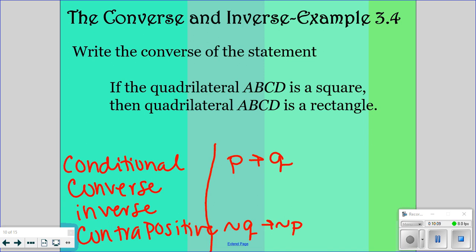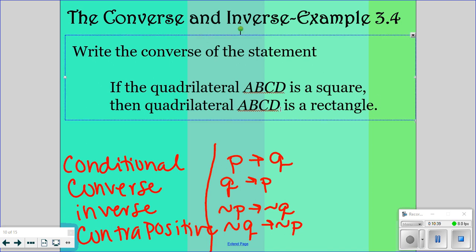So that's the conditional and the contrapositive. For the converse, your converse is just going to be Q implies P. All you do is switch your if and then statement. And then the inverse is going to be not P implies not Q. So that's your little cheat sheet that you're going to want to use.